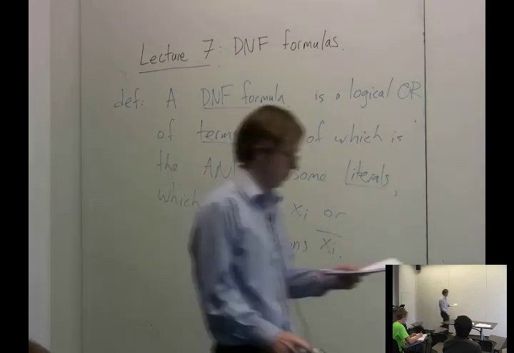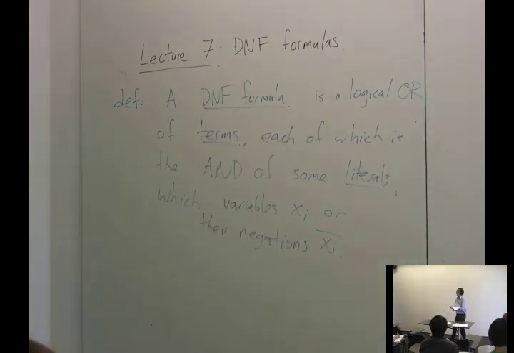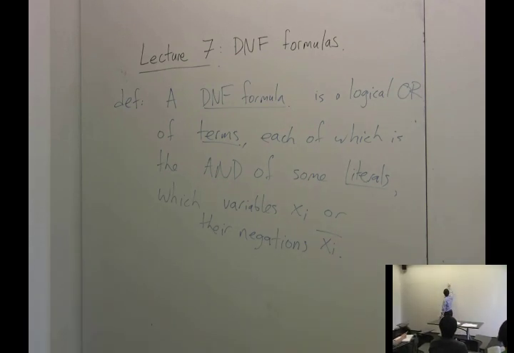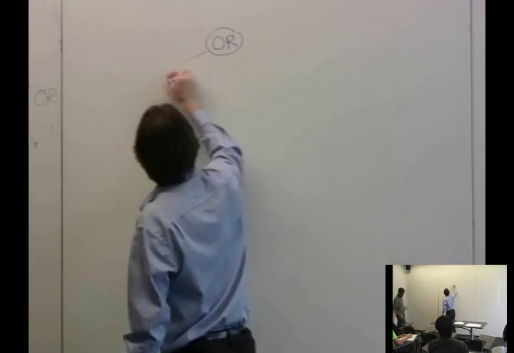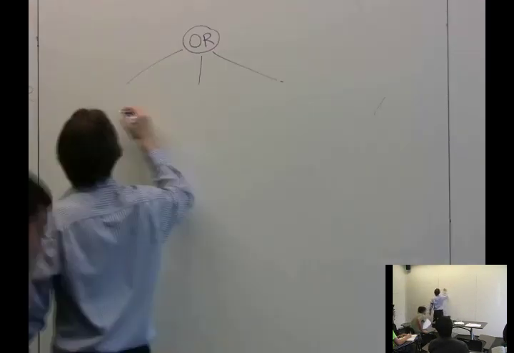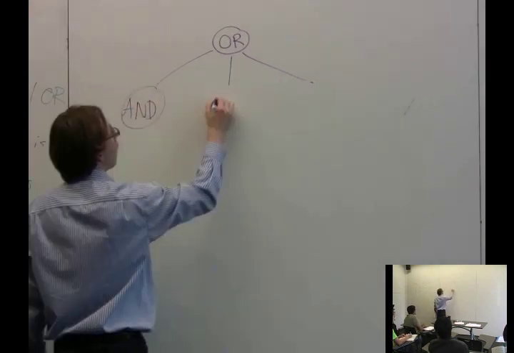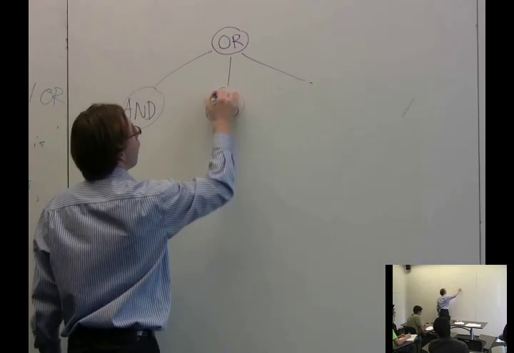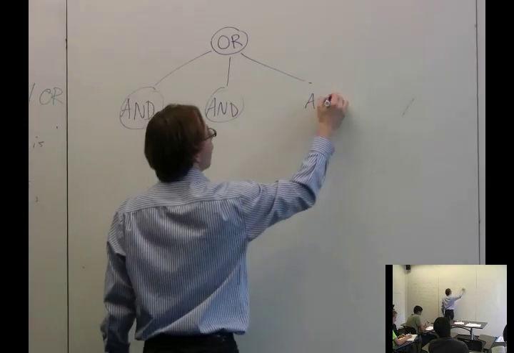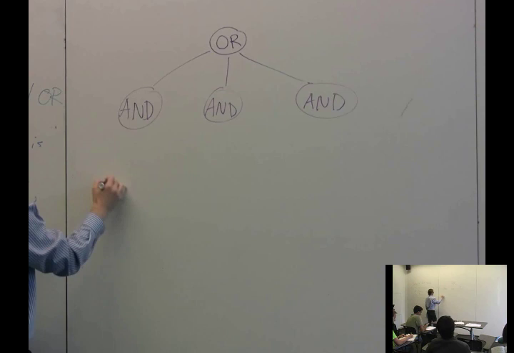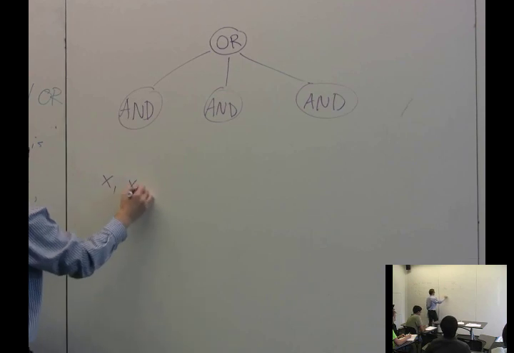OK, so the picture, if you try to draw such an object as a circuit, is something like this. You'll have some OR at the top, and it feeds into some ANDs. And then at the bottom of these diagrams, you write the variables, and maybe you can write their negations next to them.